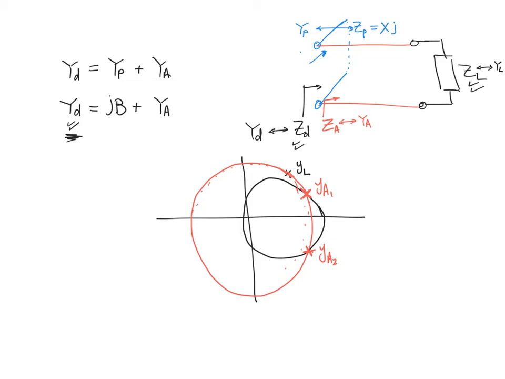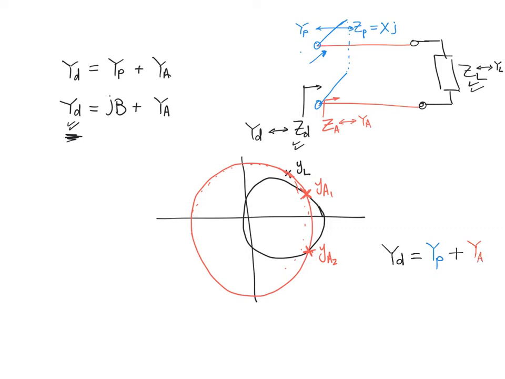So now let's see how the situation is going to be very similar but slightly different for the case of the reverse. So now, just out of completeness, the remaining part is basically to figure out what's YP, and I know that YD is equal to YP plus YA, right?